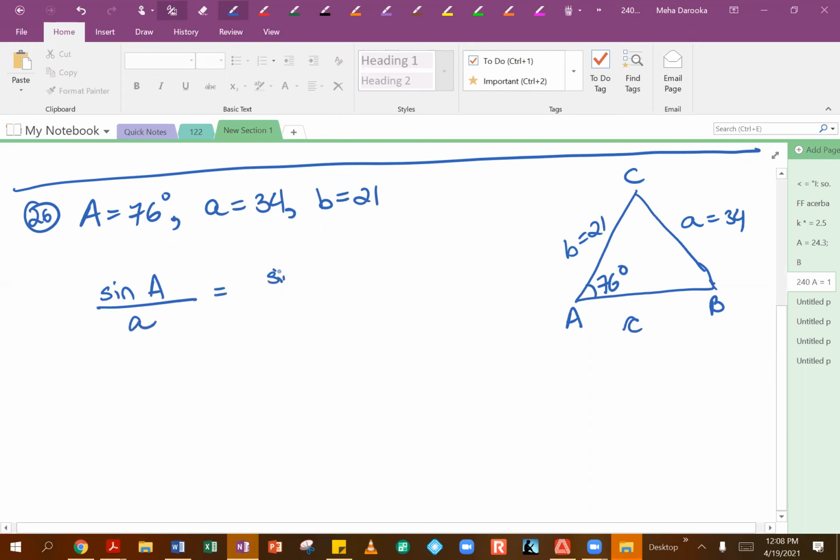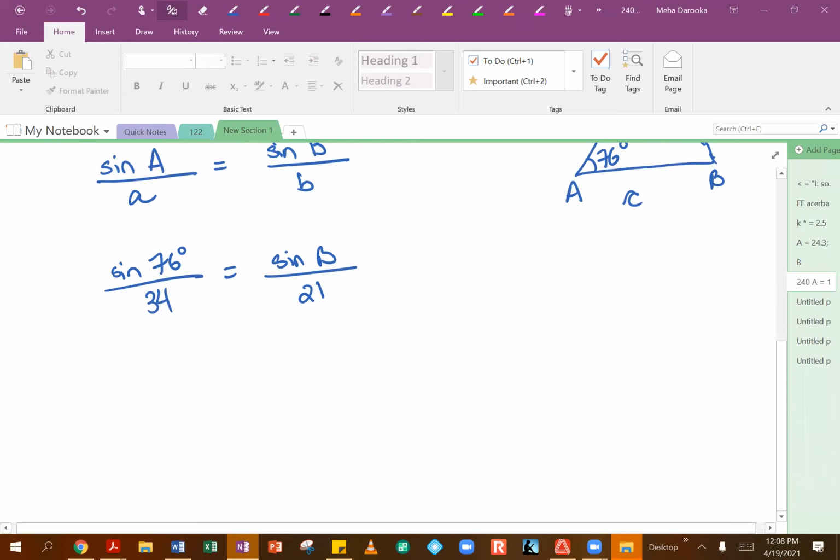Since I have side B, I'm going to try to find angle B. So we have sine of 76 degrees over side A, which is 34, equals sine B, the unknown we're trying to find, over side B, which is 21. Just like we did in the previous examples, get sine B by itself, so we can multiply both sides of our equation by 21. So what will the sine of B value come out to be?